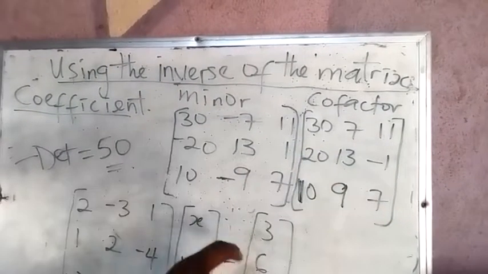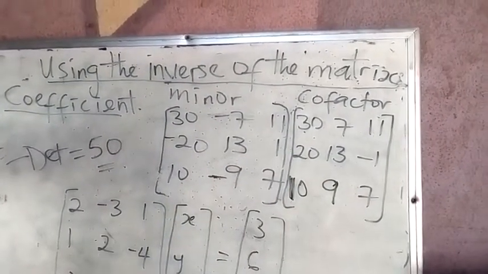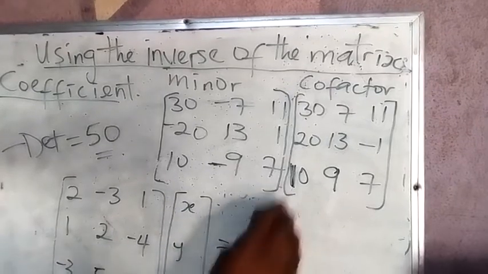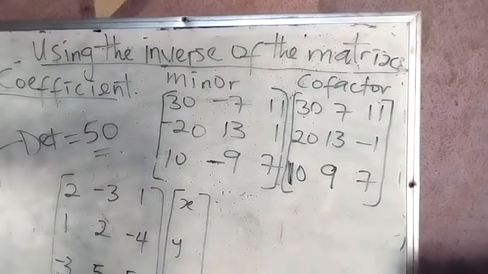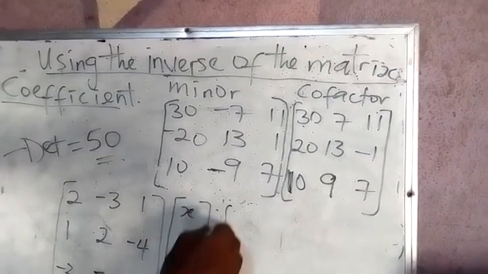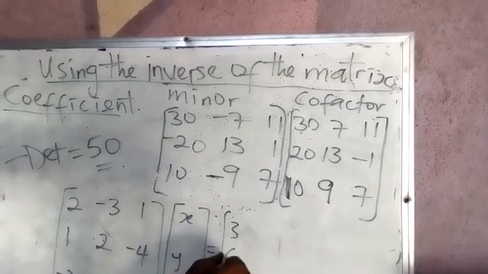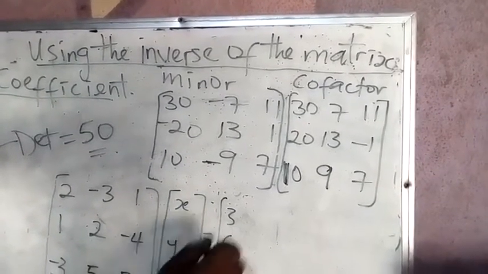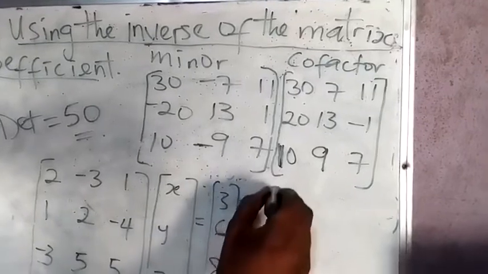And after the cofactor, you now find the adjoint.